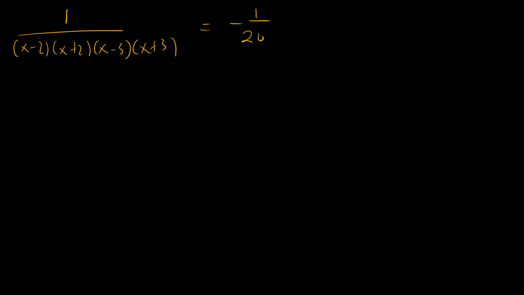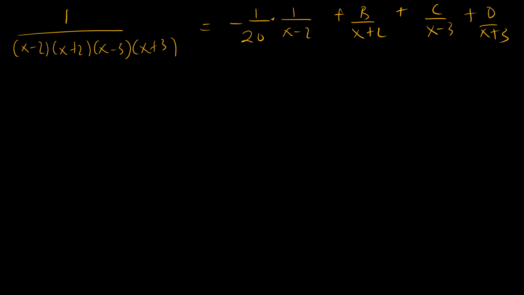Since we've gotten a, we have 1 over x minus 2, x plus 2, x minus 3, x plus 3 equal to -1/20 over x minus 2 plus b over x plus 2 plus c over x minus 3 plus d over x plus 3.